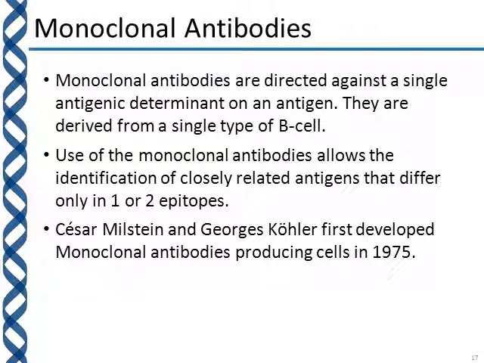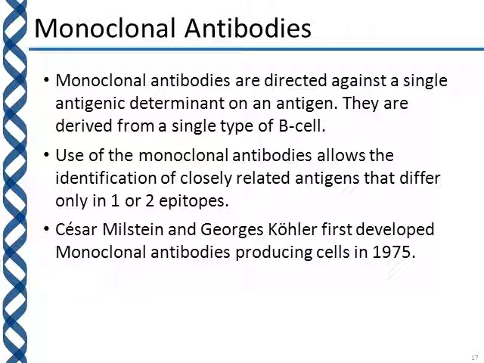In contrast to polyclonal antibodies, there's a group of antibodies called monoclonal antibodies. Monoclonal antibodies are directed against a single antigenic determinant on an antigen. They are derived from a single type of B cell. In theory, they're actually derived from a single B cell.